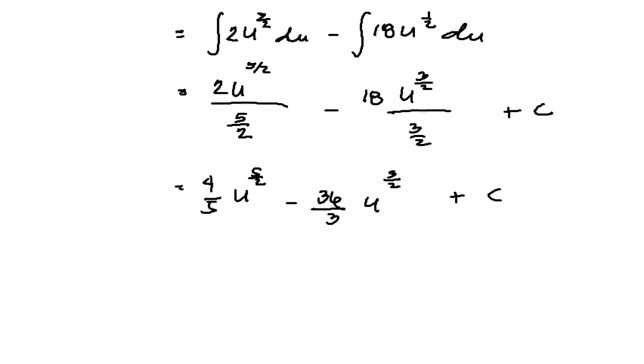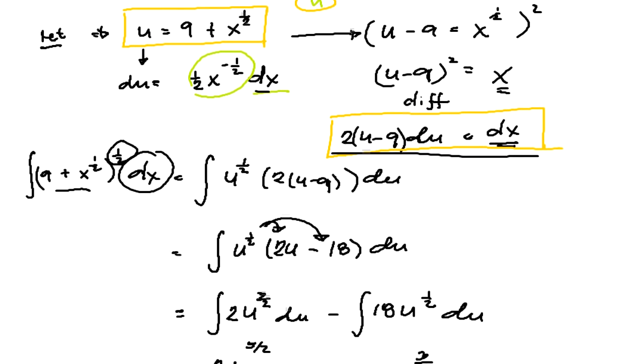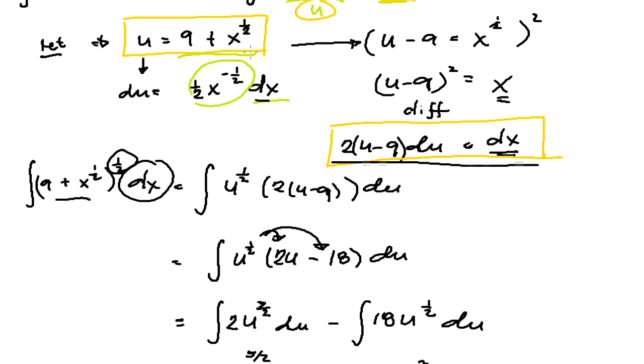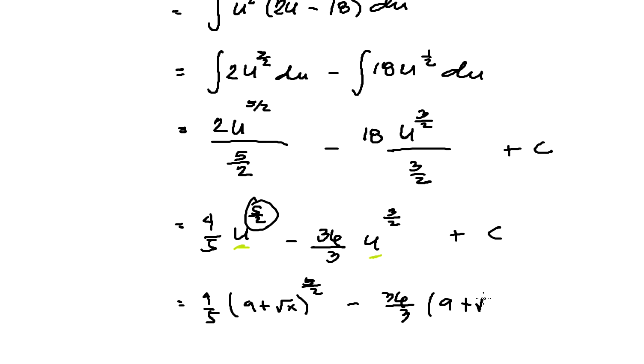Okay, and we need to bring back the value of u, wherein our u is equal to 9 plus square root of x, or x raised to 1/2. So our u is 9 plus square root of x, and then this raised to 5 over 2 minus 36 over 3, 9 plus square root of x raised to 3 halves plus c.